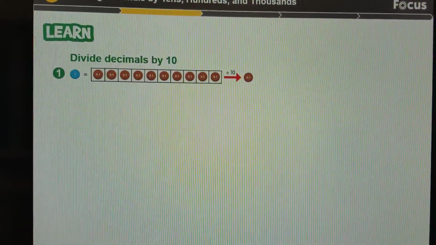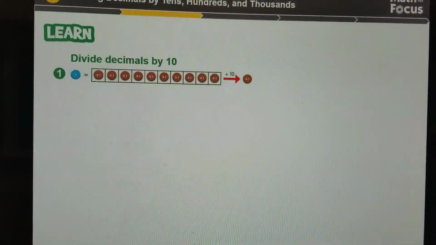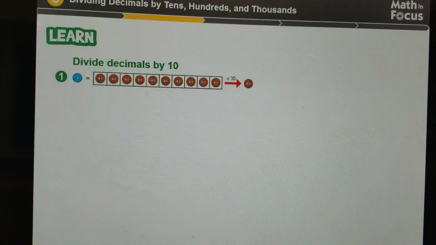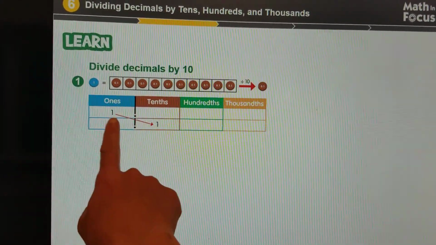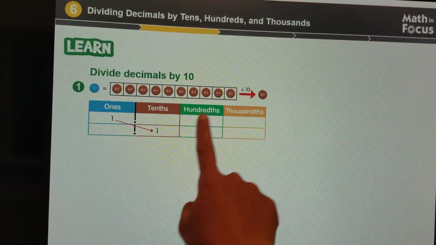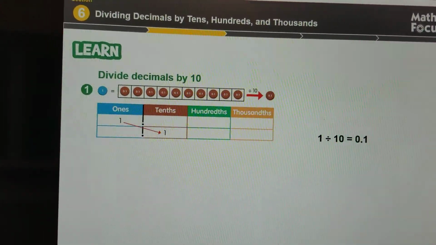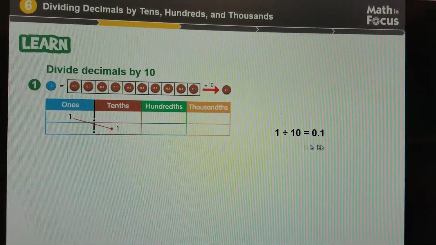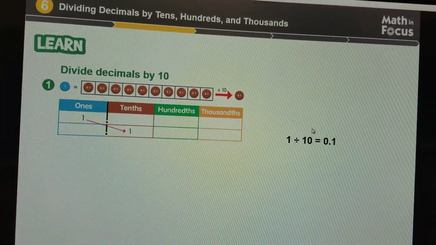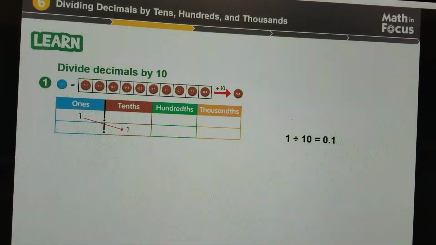Okay, so we're going to start with this simple one. If I have 1 divided by 10, I'll end up with a tenth. 1 divided by 10, I'll end up with 1/10, with 1 dime. So if you look over here, 1 divided by 10 equals a tenth, a dime. $1 divided by 10 is a tenth.